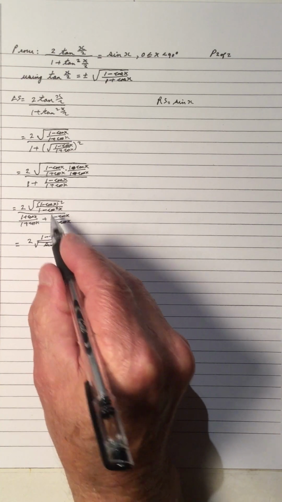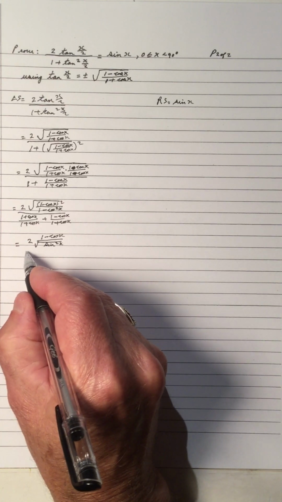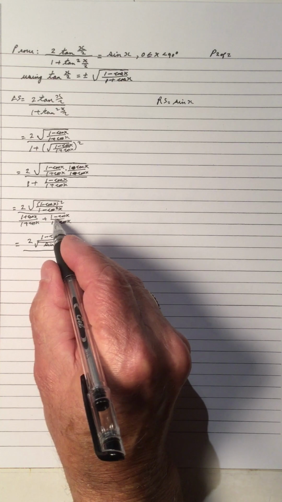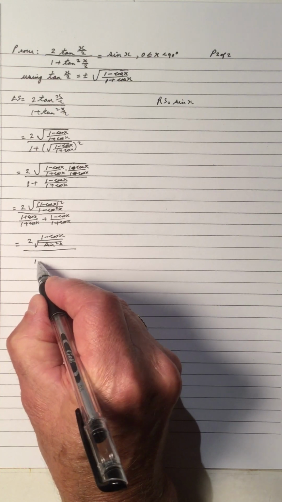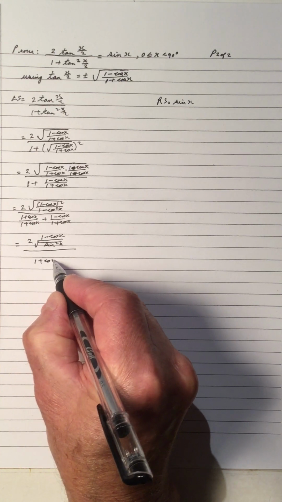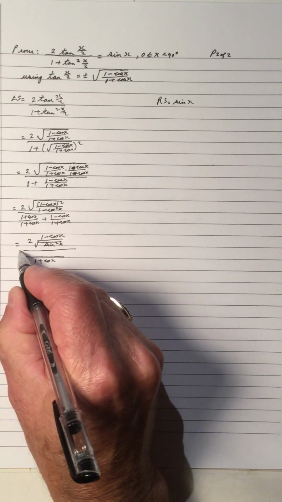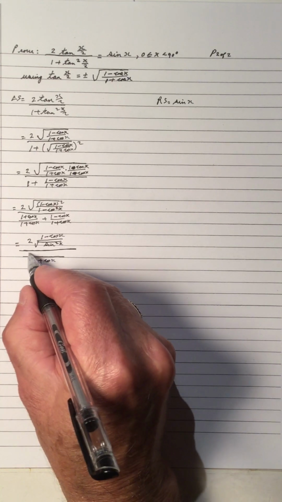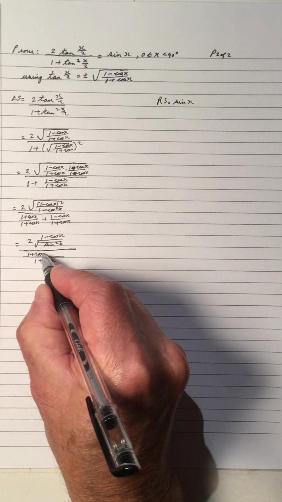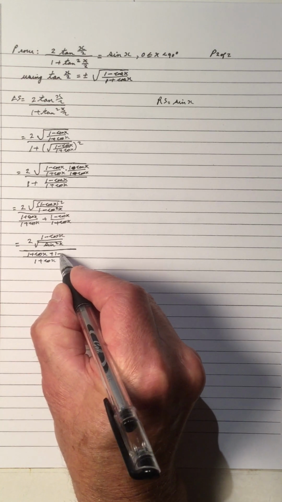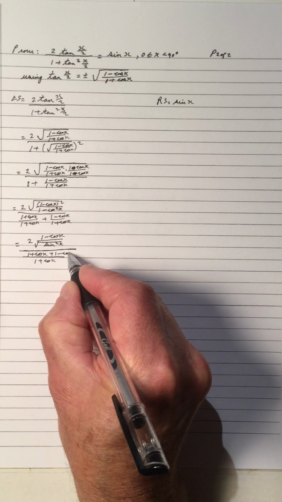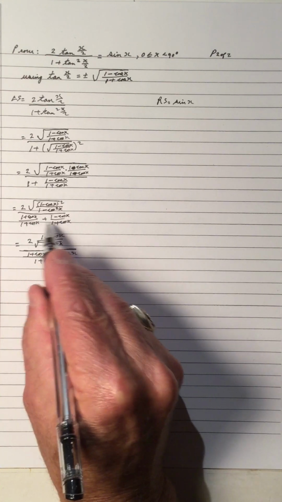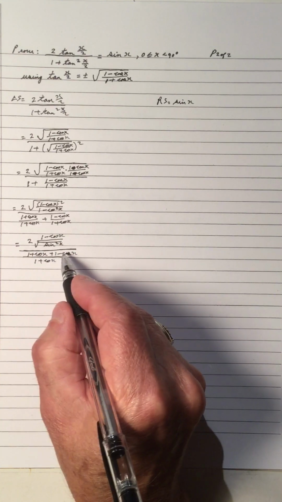So it's sine squared x. When we have the same denominator, 1 plus cos x, we add our numerators together. I have to keep that long line there because this is the division. So that's 1 plus cos x, add on 1 minus cos x. Two fractions with the same denominator, so we add the numerators.